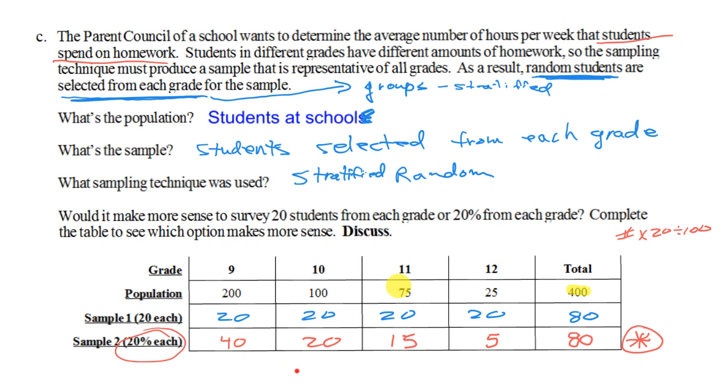And then your second biggest set should be your grade 10s, then your third, and then your fourth. And I think that is way more important than getting 20 from each group, because that does not actually represent or closely match the bigger population in percentages. So let's just quickly write that down.